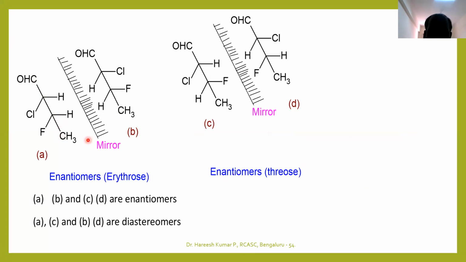So that means 2-chloro-3-fluorobutanol is the name of this compound. And for this, enantiomers and diastereomers are mentioned.